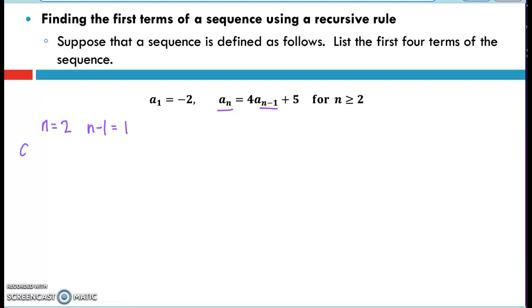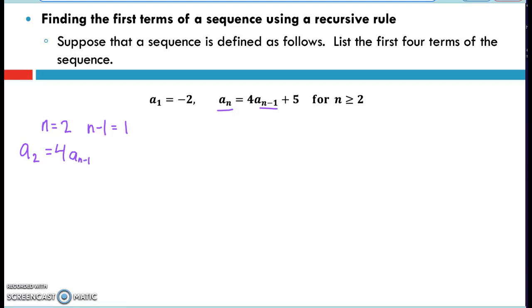So when we have a sub 2, or we're trying to find the second term of the sequence, that's going to be 4 times a sub n minus 1, plus 5.